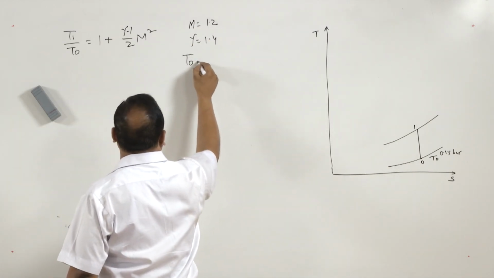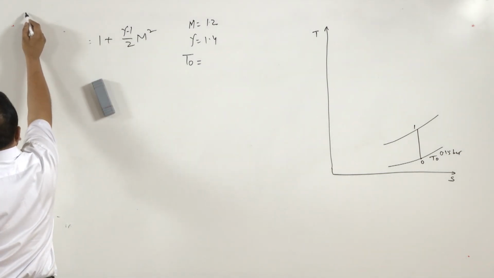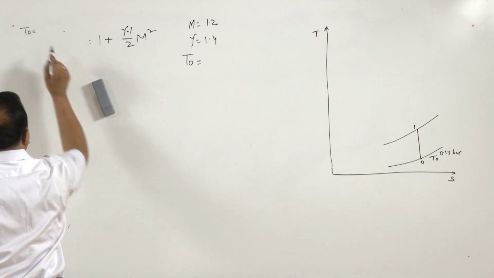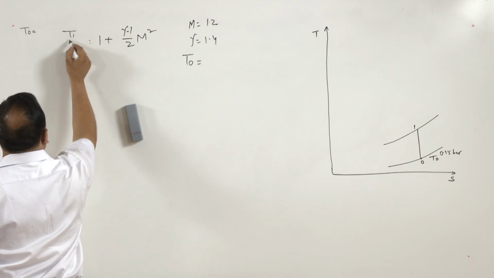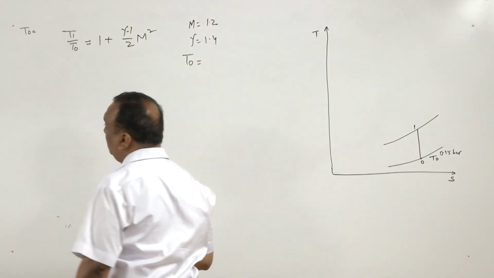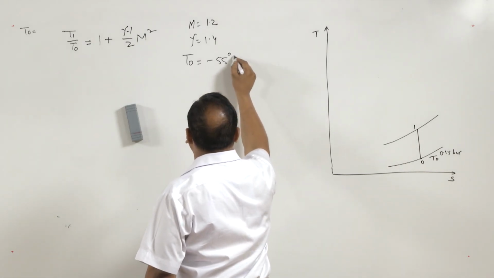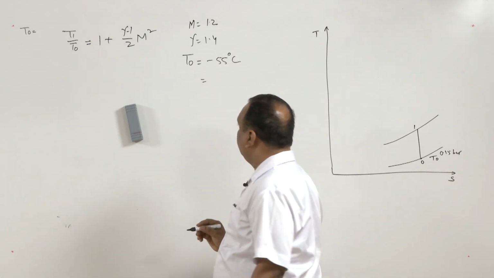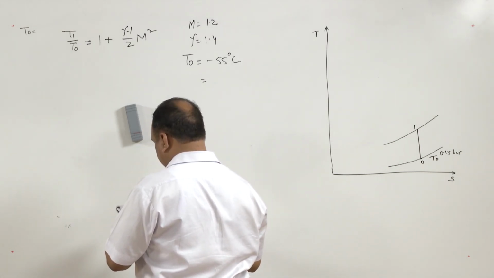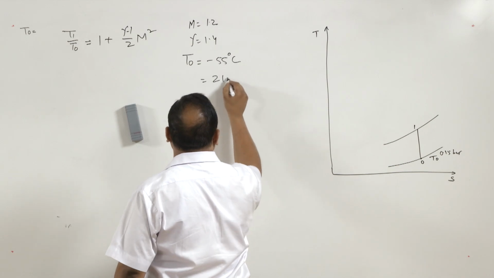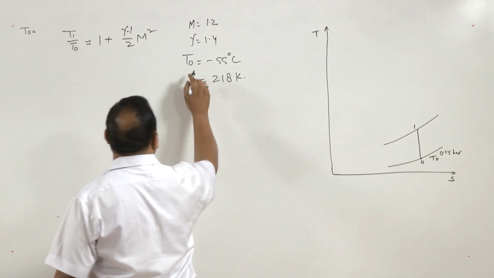T0 is the ambient temperature, minus 55 degrees centigrade. This has to be converted into Kelvin, so it will be 218 Kelvin. Now, T0 is 218 Kelvin.